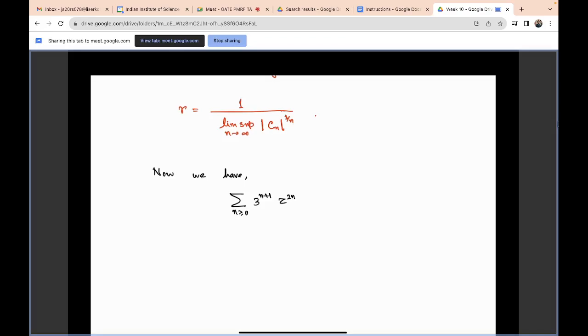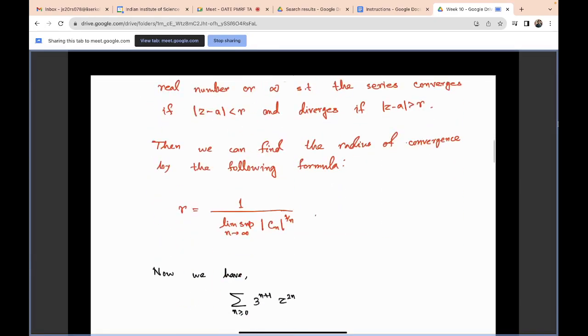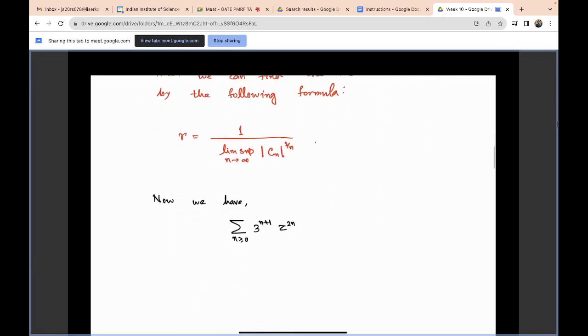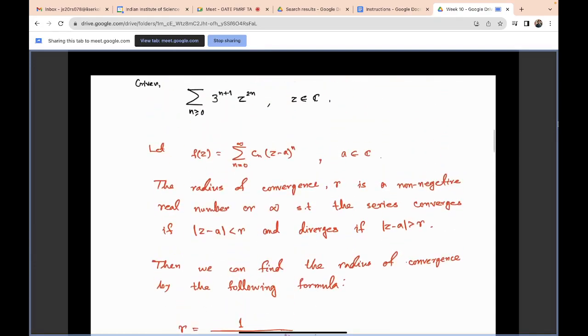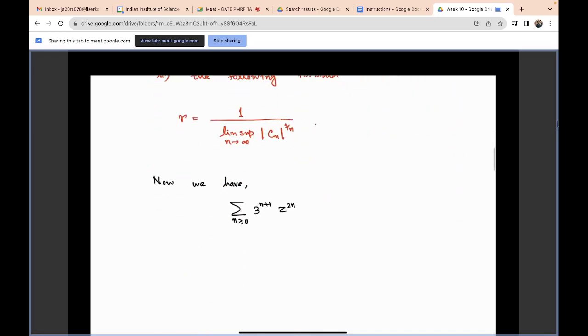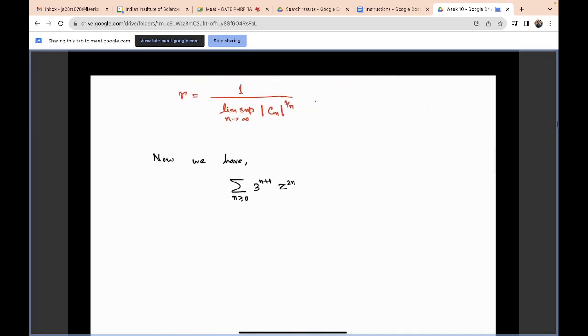Here center is 0, it's fine, but notice that here it is z to the power 2n. It is not in this form, so you cannot directly apply this formula. You have to reduce it into this form, then only we can apply this formula. So we'll reduce this to that form.